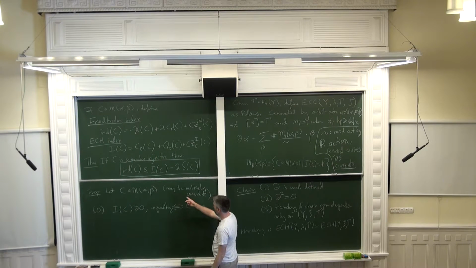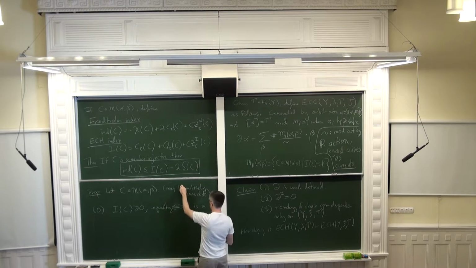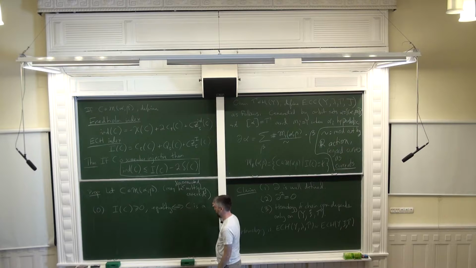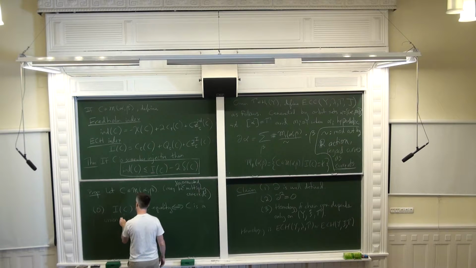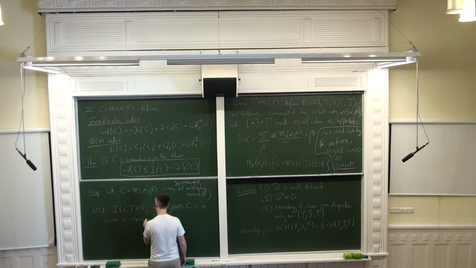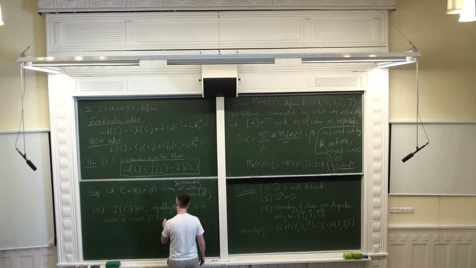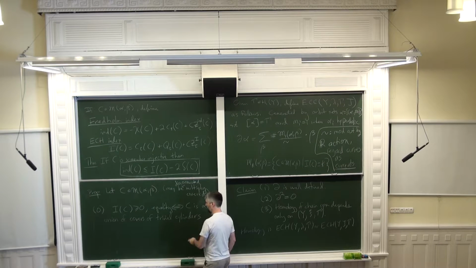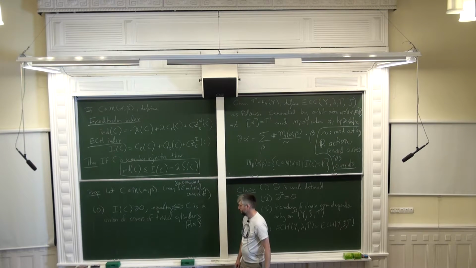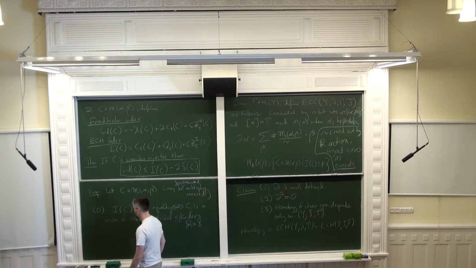By the way, C is also allowed to be disconnected. Okay, so I(C) equals 0 if and only if C is a union of covers of the trivial cylinders. The trivial cylinder is a cylinder R cross gamma, where gamma is a Reeb orbit. That's part 0 of the proposition.